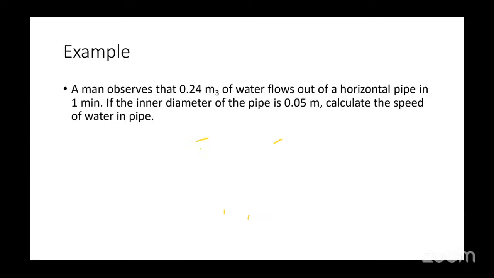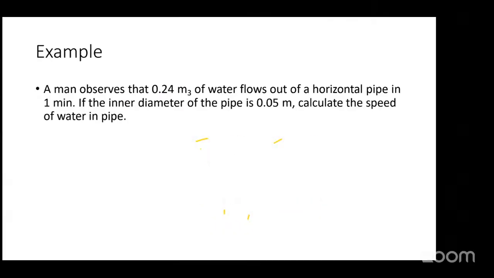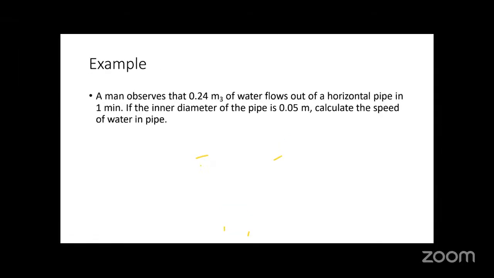Remember that our flow rate Q is equal to V over t, and is equal to Av, where capital V is volume, which is 0.24 meter cube.